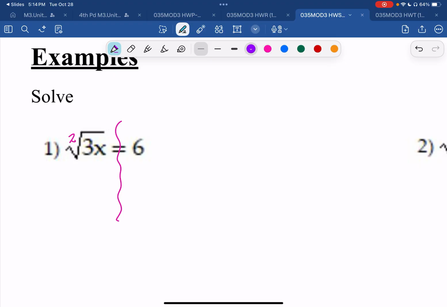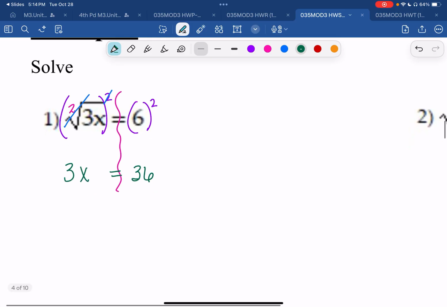So to get rid of this square root, I'm going to square, raise both sides to that second power, because since the index and the power match, this will cancel with this. And so what I'm left with now is just 3x equals 6 squared, which is 36. And now I've got a pretty basic equation to solve. I'm going to divide by 3, and x equals 12.